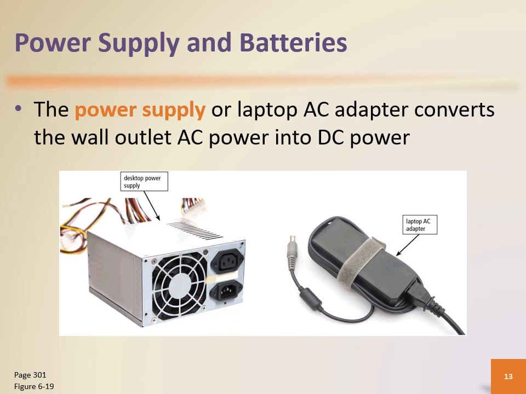Built into your power supply is a fan which will keep the power supply cool, just like your processor has a fan to keep it cool. Some have variable speed fans that may speed up or slow down the fan speed or stop running, depending on the temperature of the case.